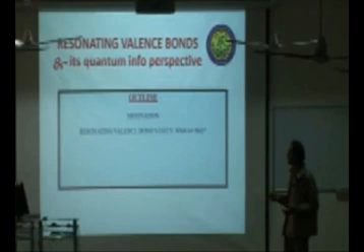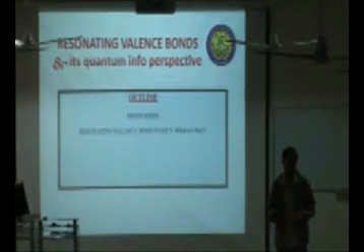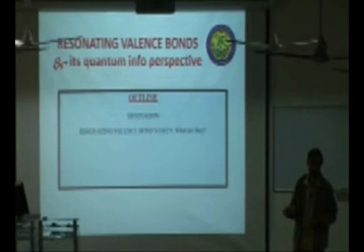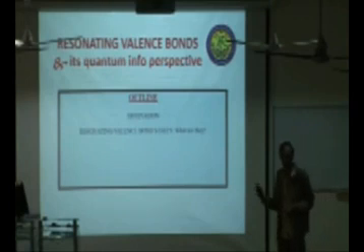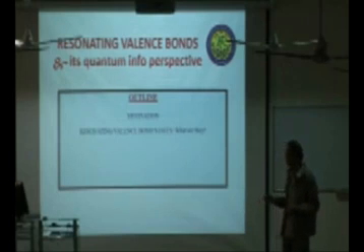I will define them. There is a common joke that the number of papers on RVB states is equal to the number of definitions of RVBs. So it's better to give the correct definition in which we are working.